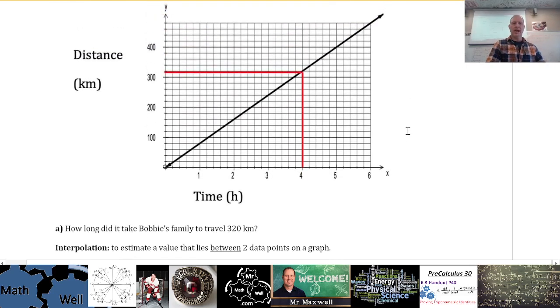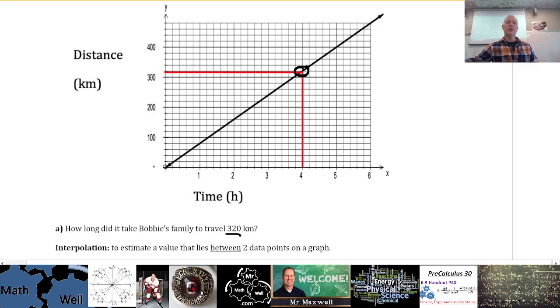The first question is, how long did it take Bobby's family to travel 320 kilometers? I think you all have this too. It's in red on the screen, but I think it's in black on your notes in front of you. What we do is try to find a single point on the line that contains this information, 320 kilometers. Over here we have time, hours. Here we have distance in kilometers.